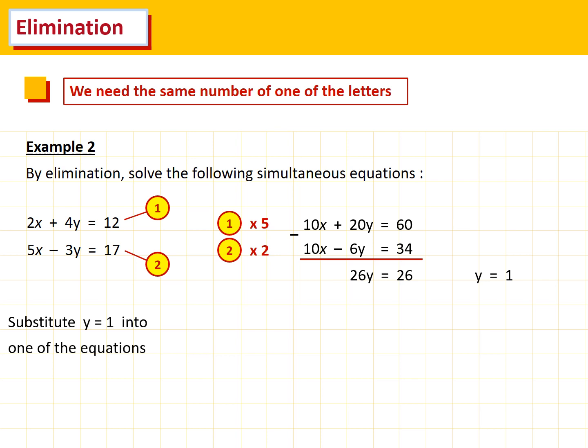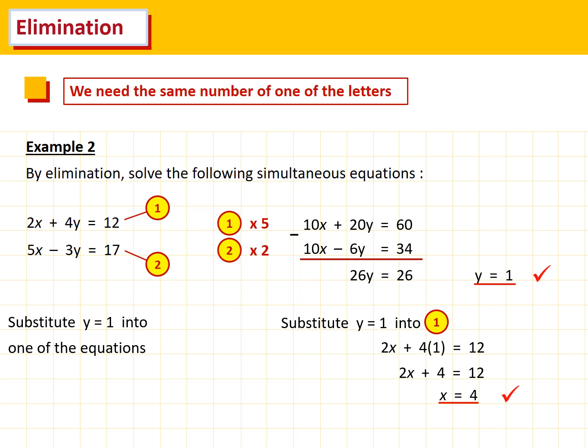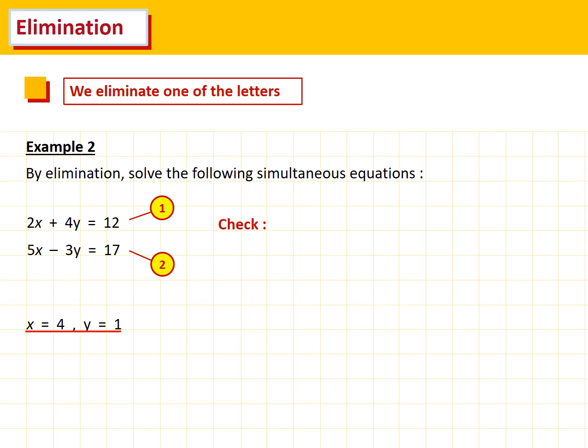And we substitute y equals 1 into one of the equations, the top one, and we get 2x plus 4 lots of 1 equals 12, and that gives us x equals 4. So we think x equals 4, y equals 1 is the right answer, but we're going to check. And when we do our check, we put x equals 4, y equals 1 into the first equation.